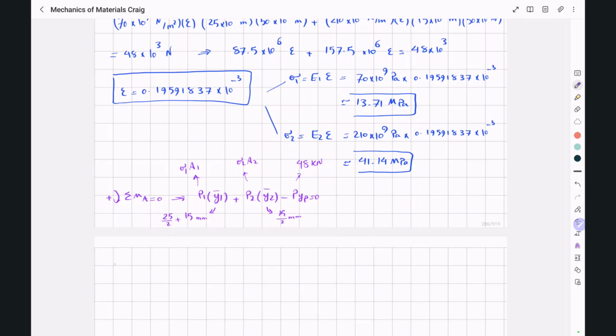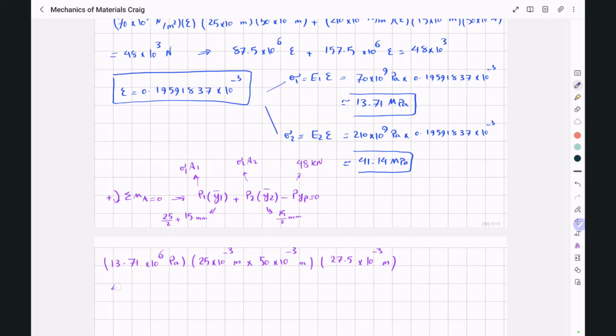So sigma 1 was 13.71 multiplied by 10 to the power of 6 Pascal. A1 is 25 multiplied by 10 to the power of negative 3 meters multiplied by B, which is 50 multiplied by 10 to the power of negative 3 meters, multiplied by y bar 1, which is 27.5 multiplied by 10 to the power of negative 3 meters.